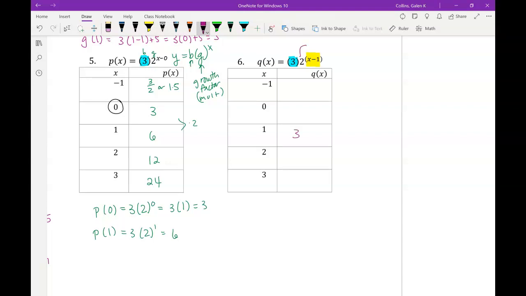This 2, the number that is being raised to a power that has the variable x, or in this case x minus 1 in it, is still our growth factor. So I'm still multiplying by 2.